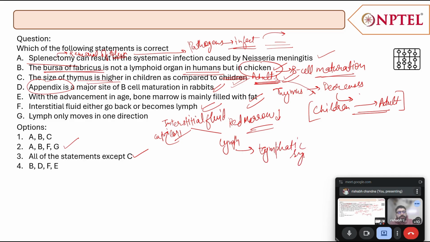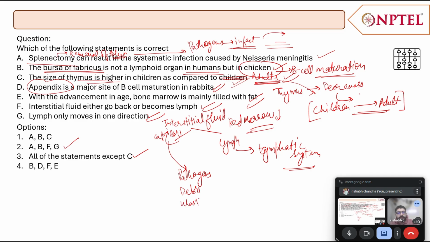Then, lymph only moves in one direction. Yes, this is also correct, because the lymph that is separated from the capillaries first contains the pathogens, debris, or any waste material.